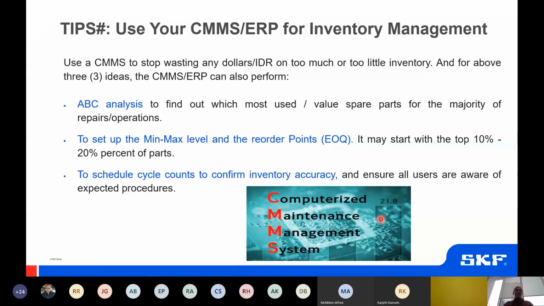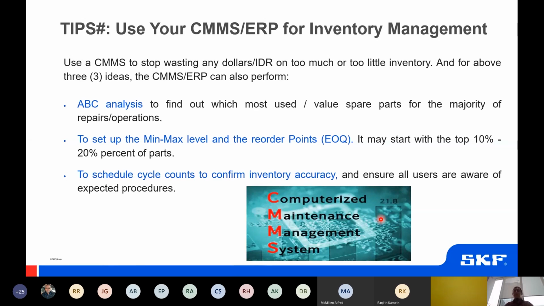But very seldom does the organization use that to make everybody in the organization aware what would be the priority, what would be the value of this spare part in terms of ABC, and then to set up the min-max level or reorder point.